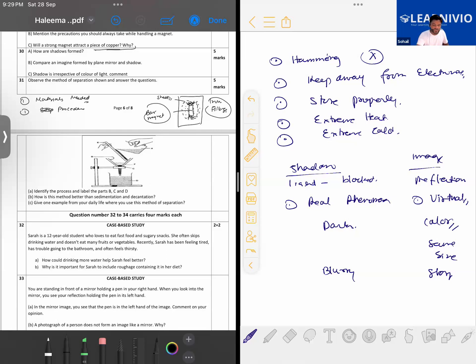So shadows are independent of the color of the light in terms of their formation. They result from the blocking of light by an object.